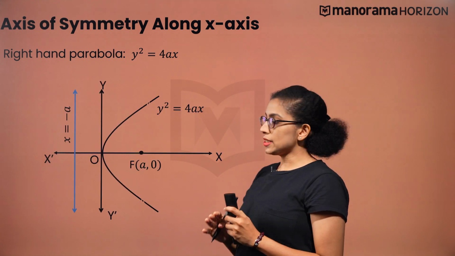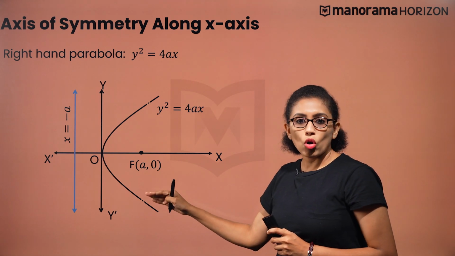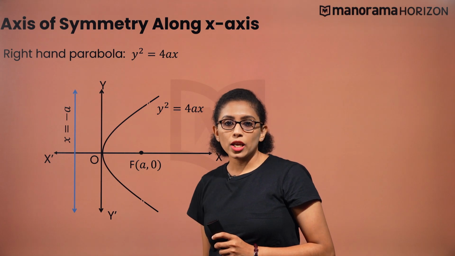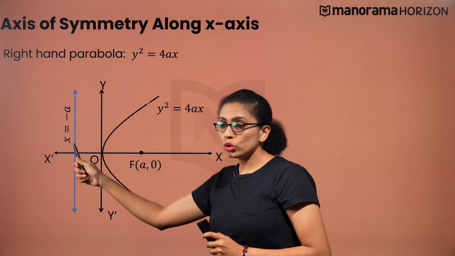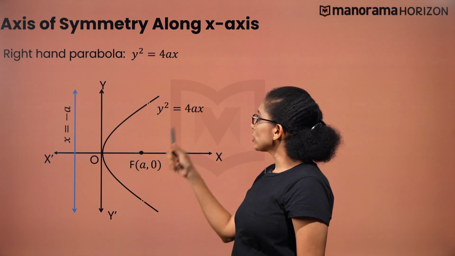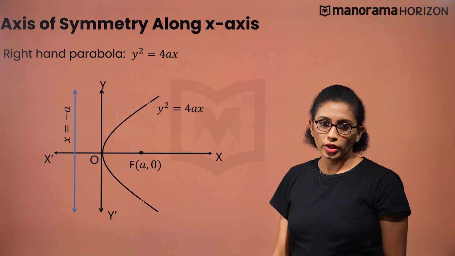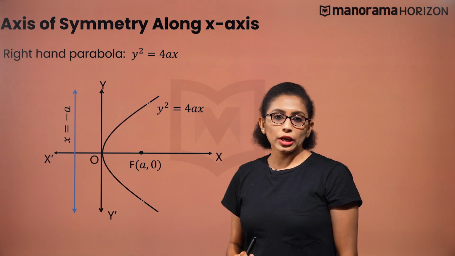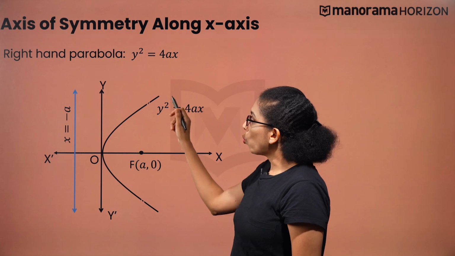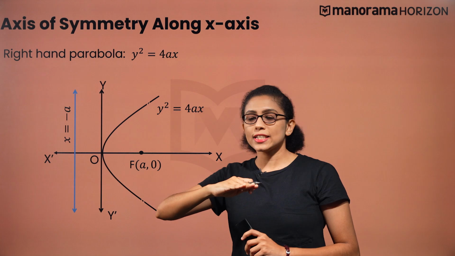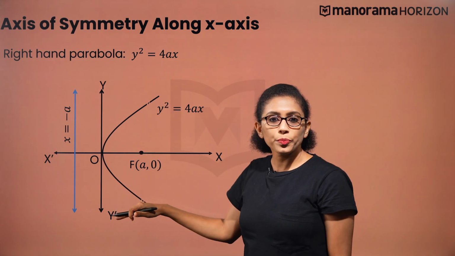The standard equation of a parabola with the vertex at the origin and focus (a, 0) on the x-axis, and the directrix x is equal to minus a parallel to the y-axis, is y square is equal to 4ax for a greater than 0. Now, in this equation, you can find that if the equation has a y square term, then the axis of symmetry is along the x-axis. See the figure?